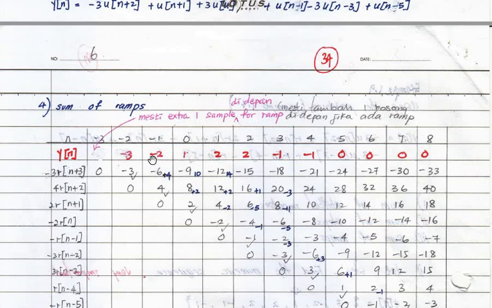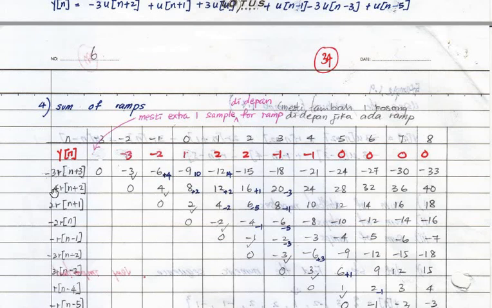Okay, how to get negative 2 if you have the value of negative 6? Okay, negative 6 plus 4, you will get negative 2, right? So you need to plus with 4. Okay, for the ramp, this means that for the starting of the ramp, the amplitude is increased. Each one increases by 4.